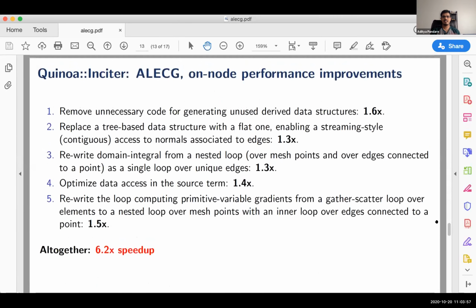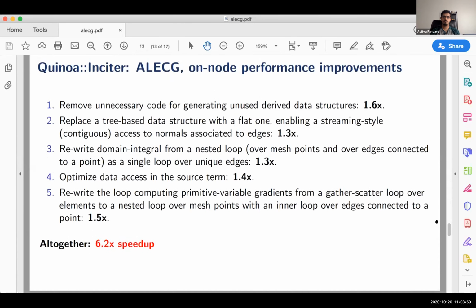And this slide is basically a summary of what we did to get a good speed up. So basically we got a 6x speed up starting from the baseline code. When we went on optimizing the code, we got up to a six times speed up. And the most important things that I would like to mention is we replaced all the tree-based data structures like maps and all those with flat data structures which could be streamed and which had contiguous access.